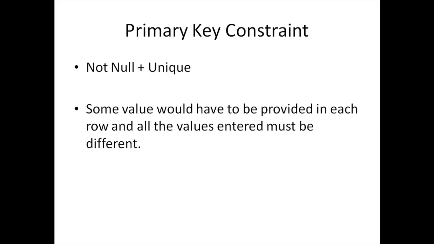The primary key constraint makes sure that you specify some value while populating the table for the field on which the constraint is applied, and it also makes sure that the value that you've entered is different from all the other values that exist for that field in the table before you enter the latest value. As the definition says, some value would have to be provided in each row, and all the values entered must be different.